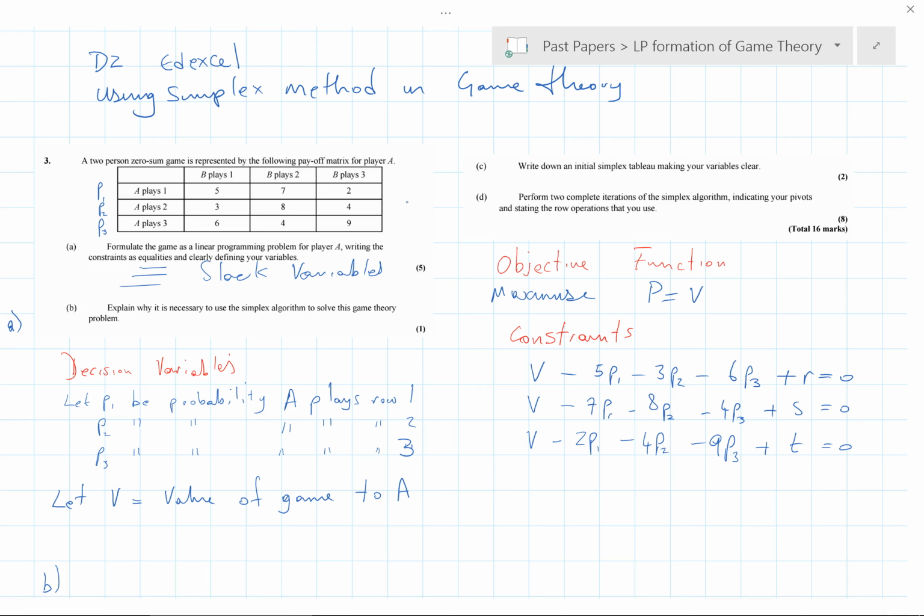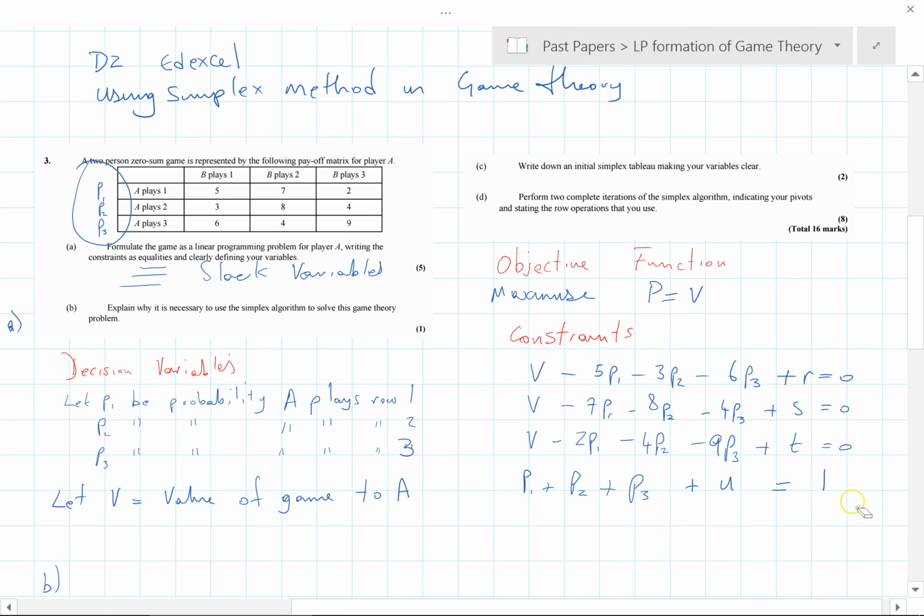Now, we've also got one relating to these values, which actually add up to 1. In setting up you can say it's equal to 1, but because we're setting up a tableau, I'm going to introduce a slack variable.